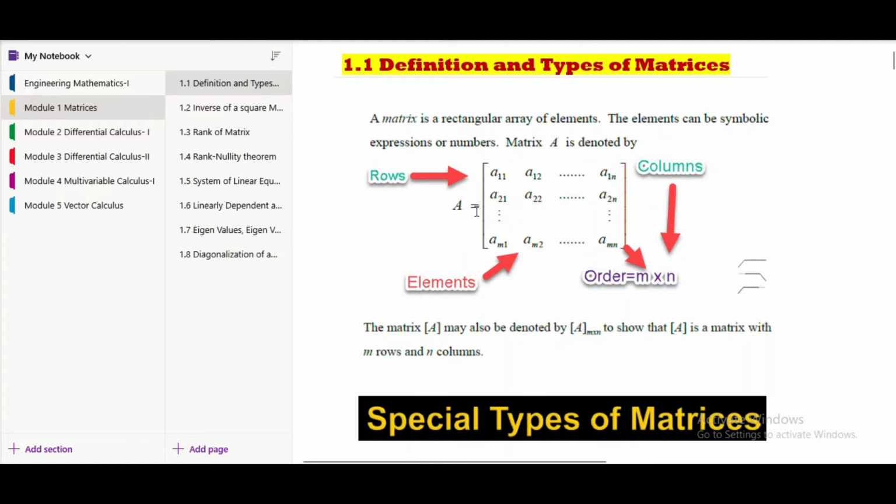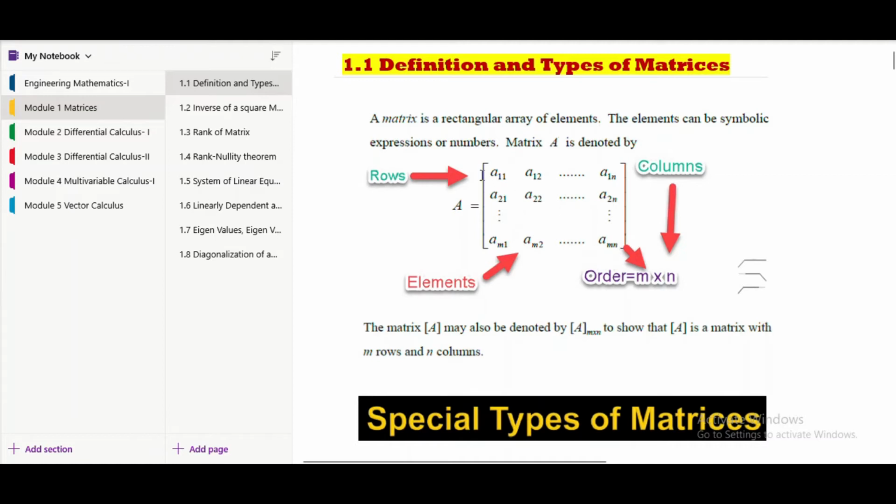For example, A is equal to A11, A12, A1n, which are the elements in the first row, and A21, A22, A2n are the elements of the second row. In the last, AM1, AM2, AMN are the elements of the mth row.